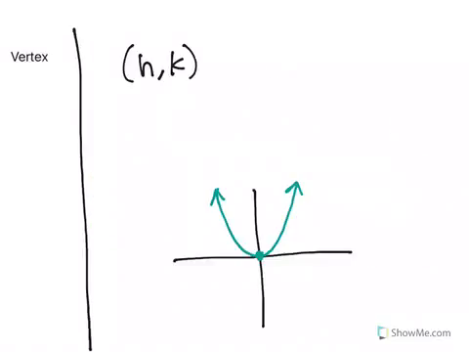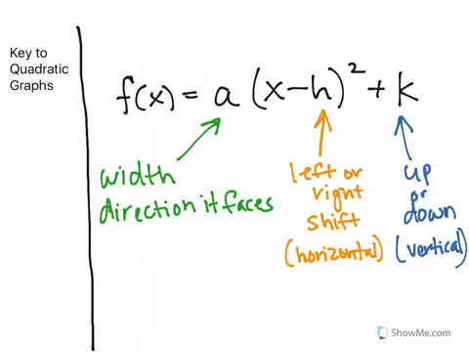The last thing I want to talk about today is the vertex. So thinking back to that equation again, h and k actually give us our vertex point. In this graph right here, the vertex is (0, 0), so not very exciting. It's just our basic equation again.